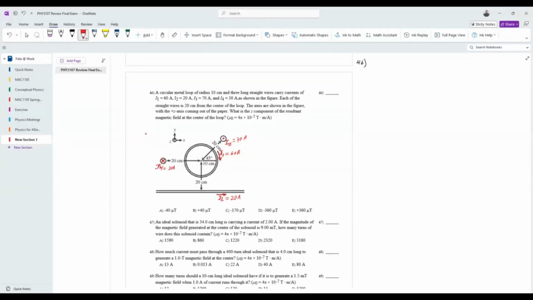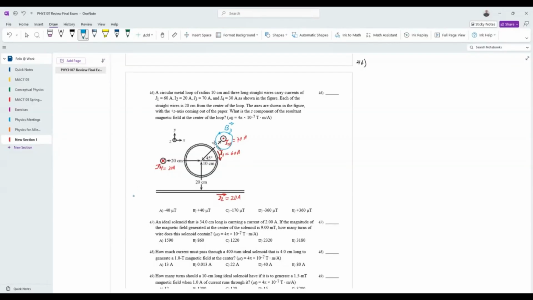Well, look at this. The magnetic field due to I3 is a magnetic field that will be surrounding this wire and will be counterclockwise.